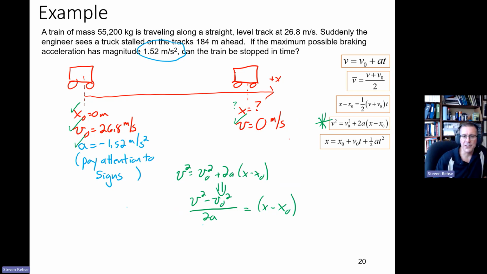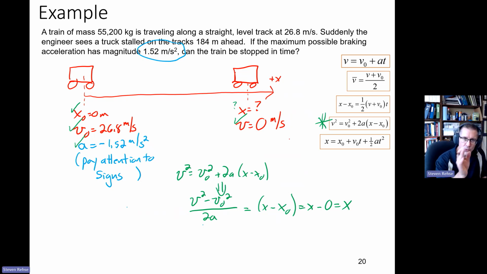So hopefully you all see that, yes? But we know what x naught is. It's 0. So this equals x minus 0, which just equals x. Now we have an equation for x in terms of v, which we know, v naught squared, which we know, and a, which we know.